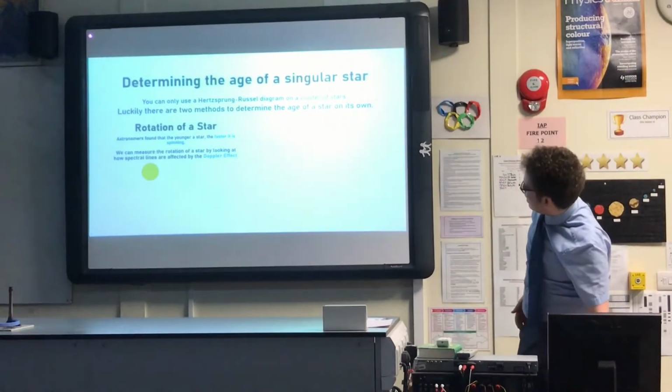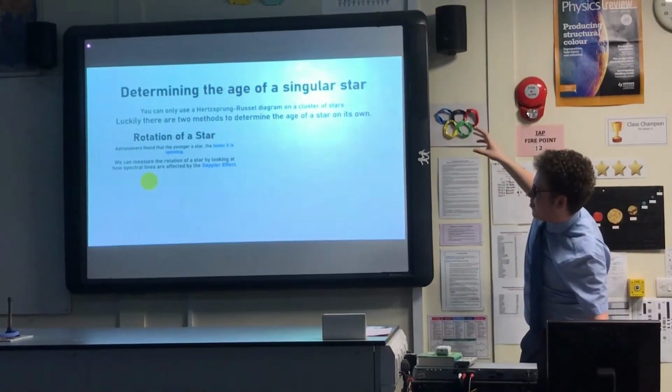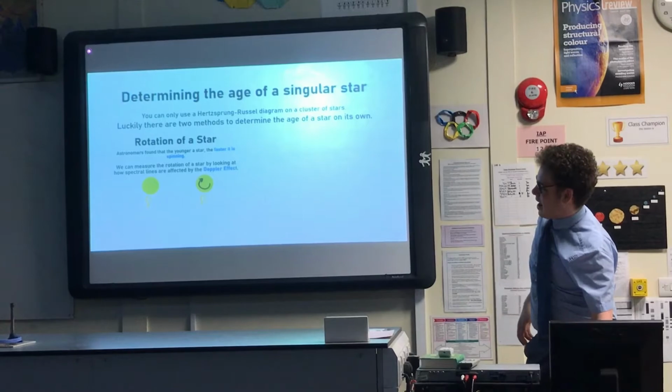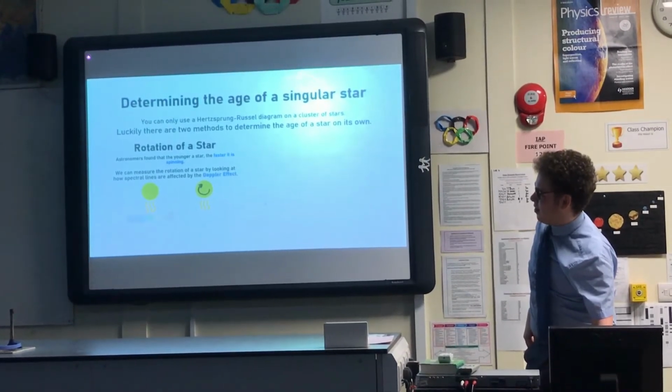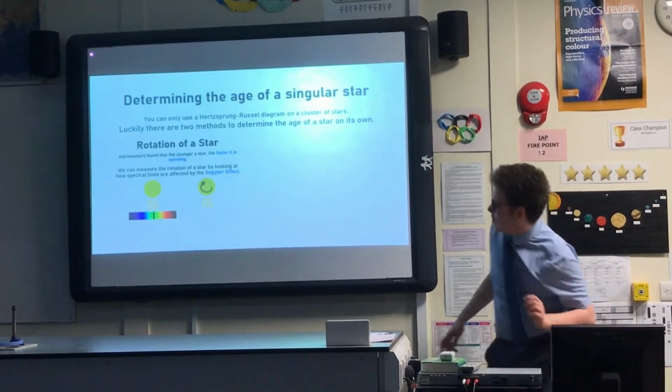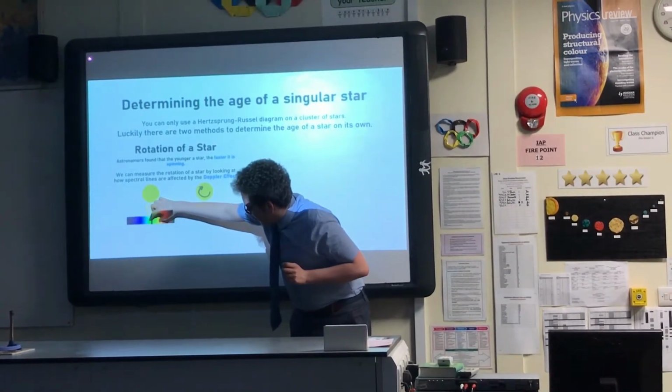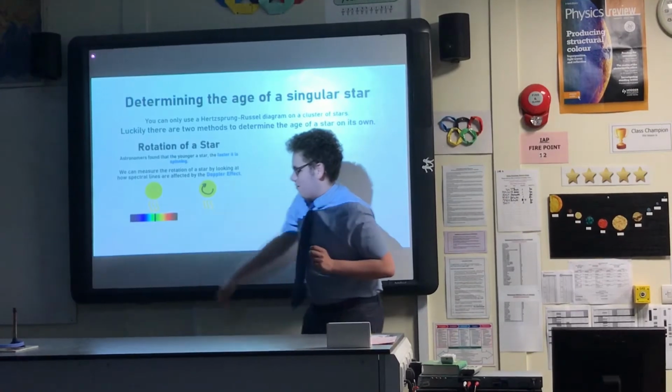So if we have a normal star here that's stationary, and a star here that's rotating, then if we analyse the wavelengths, we find that this star is missing this wavelength right here in the middle.